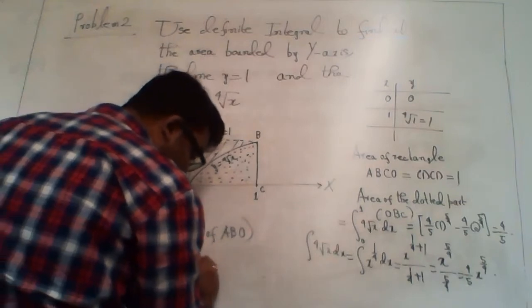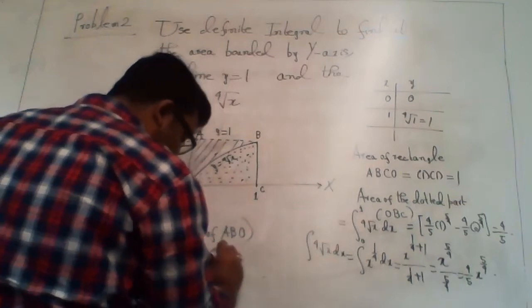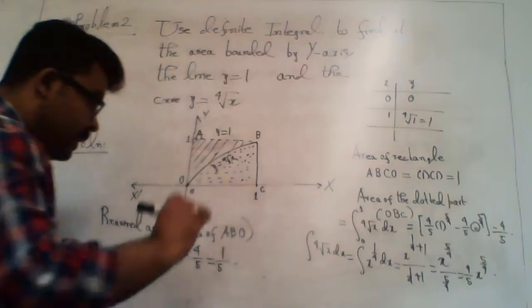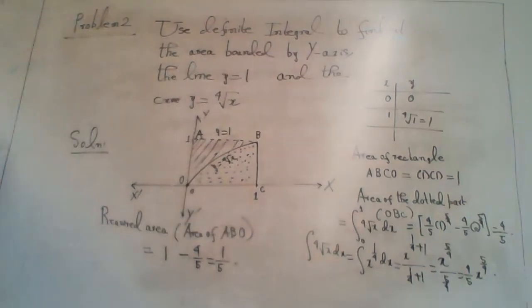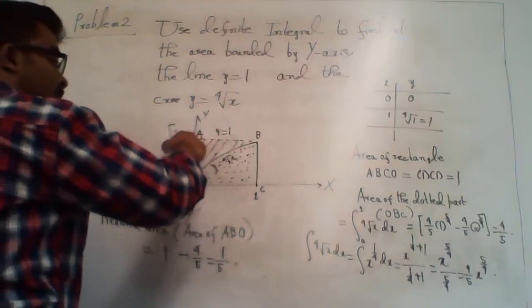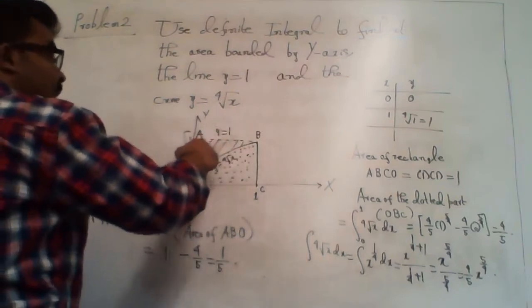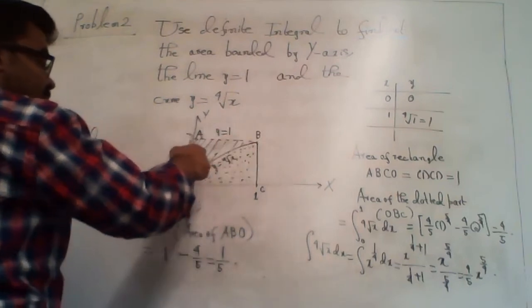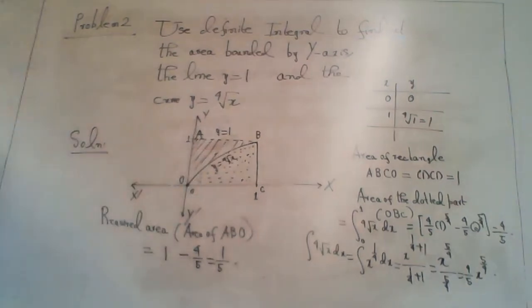So 1 minus 4 over 5 gives me 1 over 5. So 1 over 5 is my required area, which is bounded by the y-axis, the line y equals 1 and the curve. This problem is very, very important.